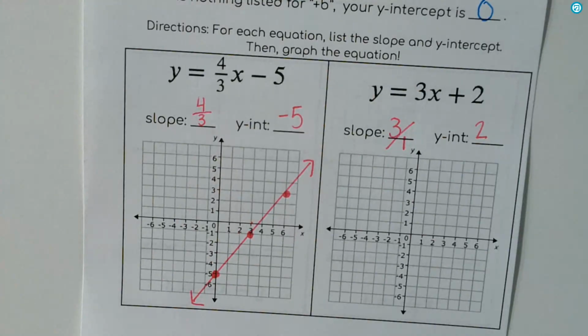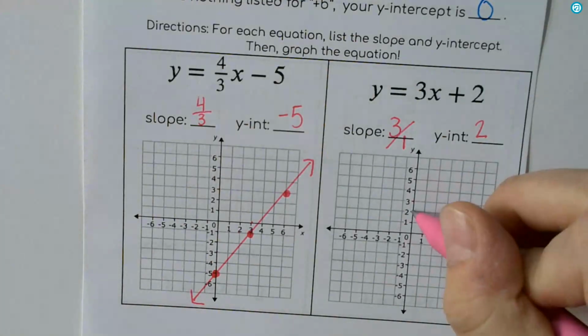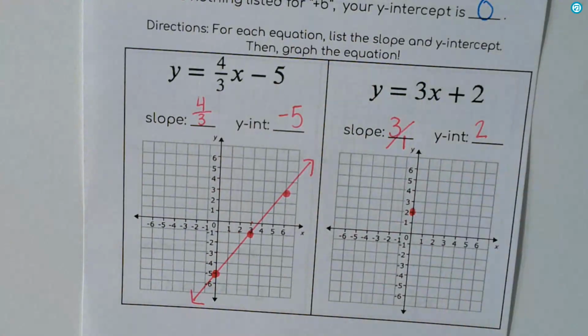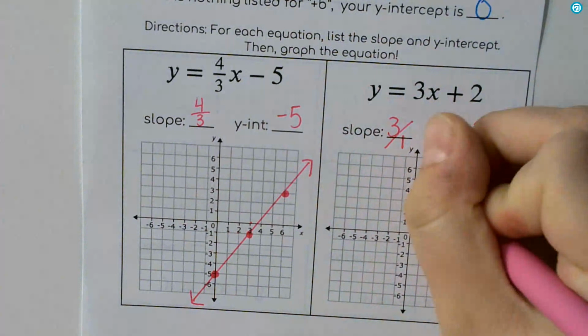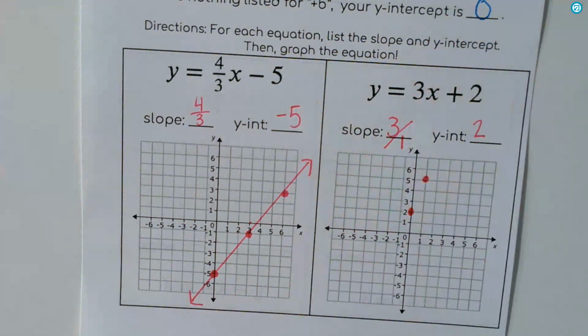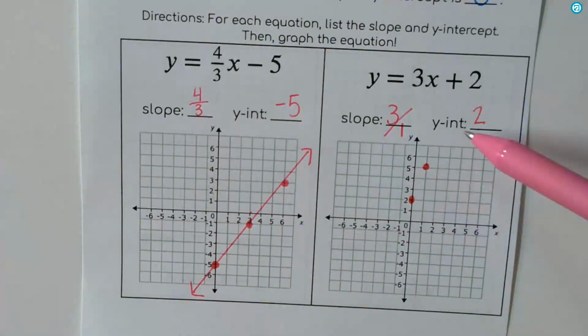Okay, so our y-intercept is 2. We're going to start at 2. And then our slope is 3 over 1. So that means we go up 3, 1, 2, 3, right 1. Can I go any further that way?